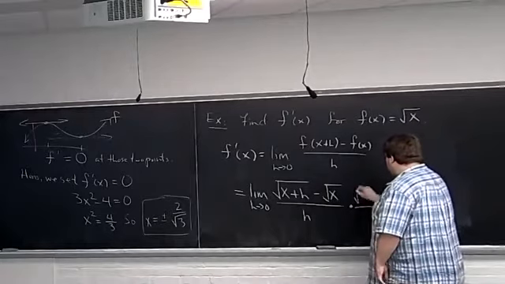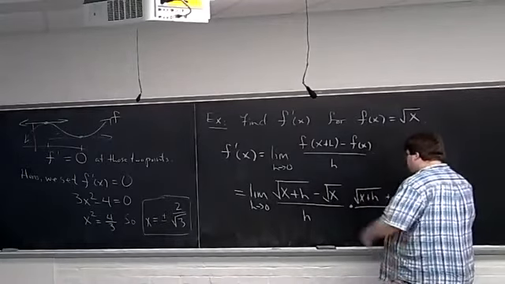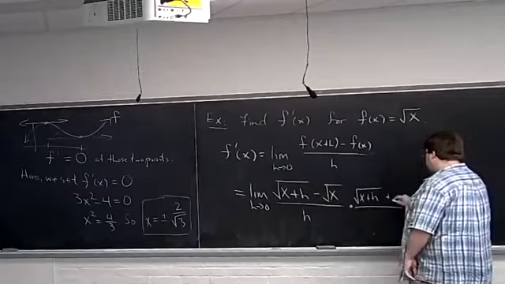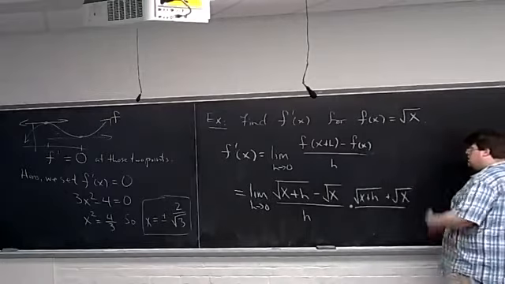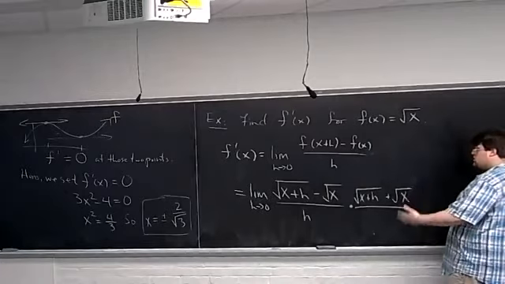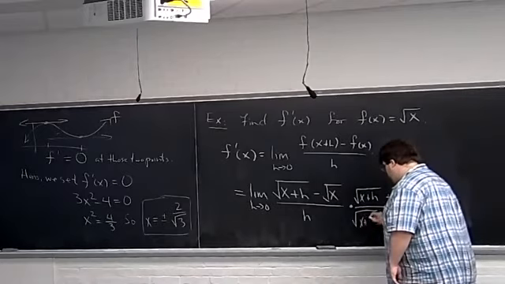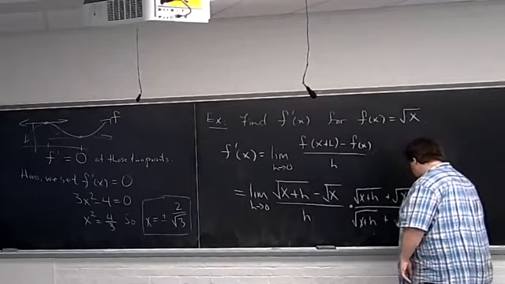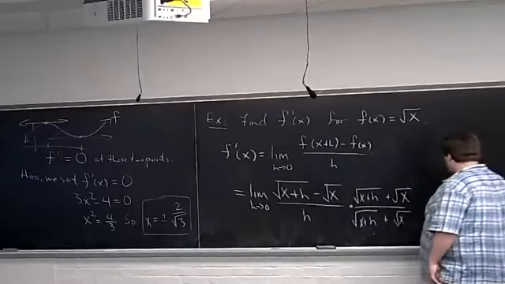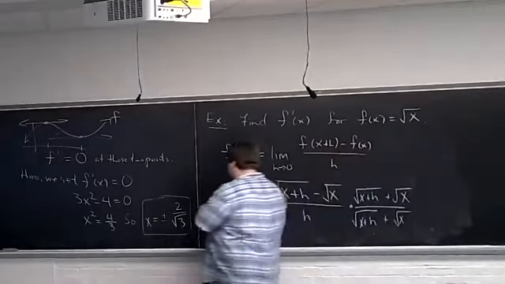Multiply by square root of x plus h plus square root of x. If you do that to the numerator, the square roots will go away. If you do that to the numerator, you also have to do that to the denominator so that it doesn't turn into a new problem.